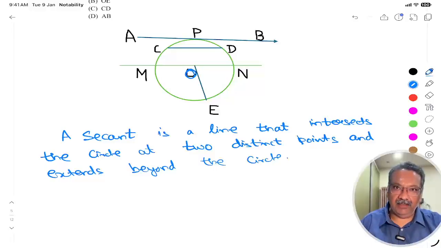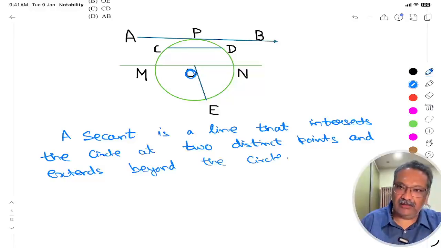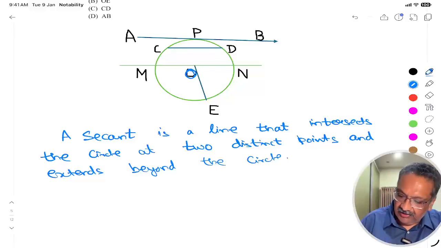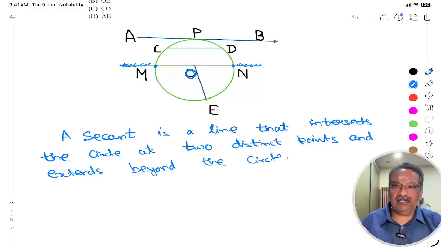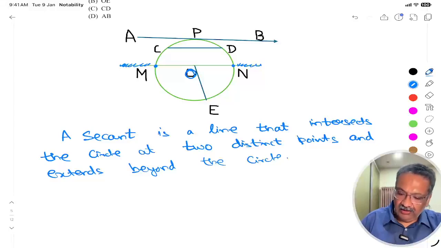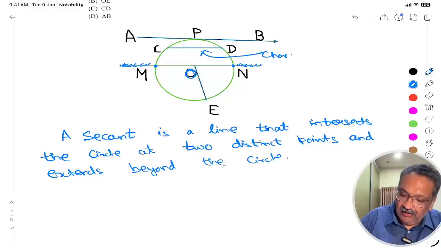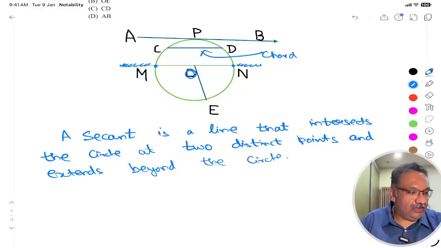Okay, M and N. See, okay, there is a slight mistake here. See, this portion is not there. M and N end here. Okay, MN is the diameter or it's also a chord. See, now here CD also is not. Why is CD not? Because they are not extending beyond the circle. C and D are ending at the point on the circle only. So CD is a chord. All right. Okay, just a minute, hold on.